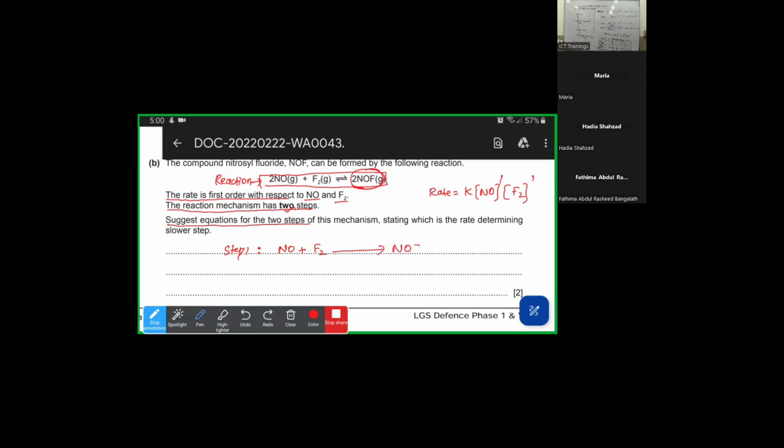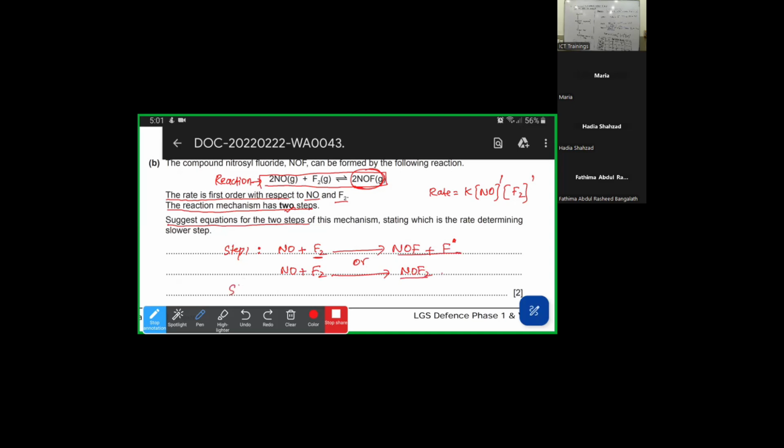So you should write NOF, and whatever is left, one F, you should write up here. You can write it like that, or for step one you could write NOF2, that's your choice. So these things are actually the intermediates.